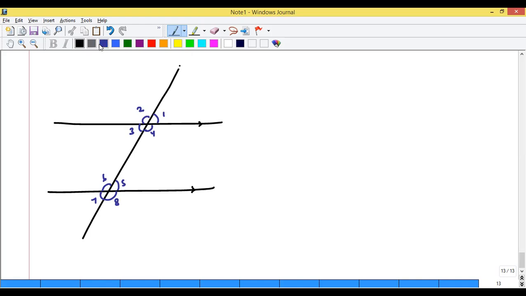No, right? Look at the angles 1 and 3. What do you call 1 and 3? Vertically opposite angles. 1 and 3 are the same. 2 and 4 are also the same. Next, 5 and 7. These are vertically opposite angles.